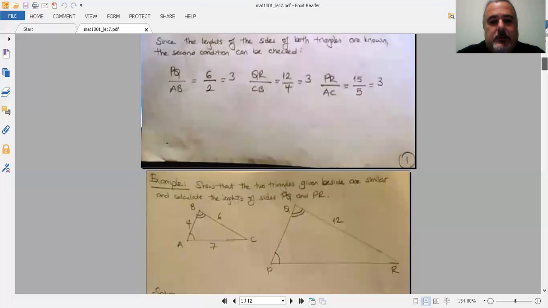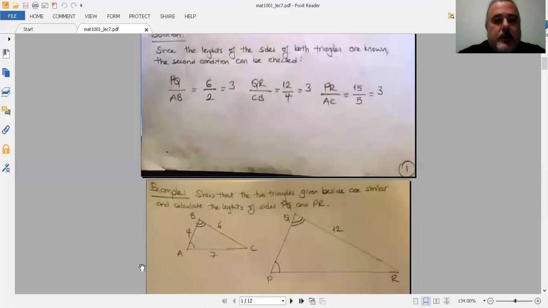The other example: show that the two triangles given beside are similar and calculate the lengths of sides PQ and PR. So, only one side of the bigger triangle is given to us. Which one? QR is given.